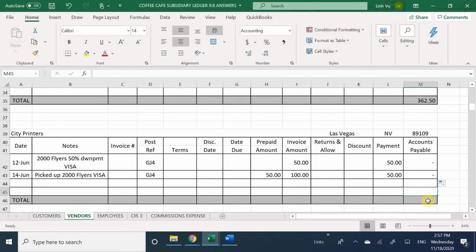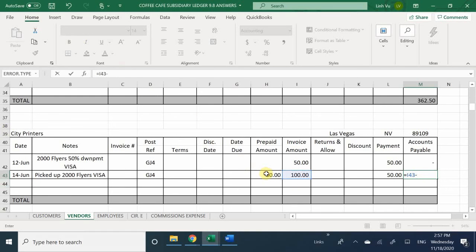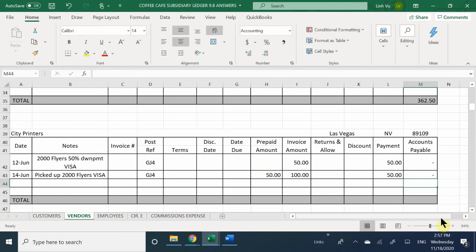Okay, I did something wrong here. All right, so you want to do the formula again? Yeah, I'm gonna clear it out because it's telling me I owe 100, but I have everything in the right categories. Okay, so we start with equal. We're going to start out with our invoice amount of 100. We're going to subtract any prepaid, subtract any returns and allowances, subtract any discounts, and lastly, subtract any payments.